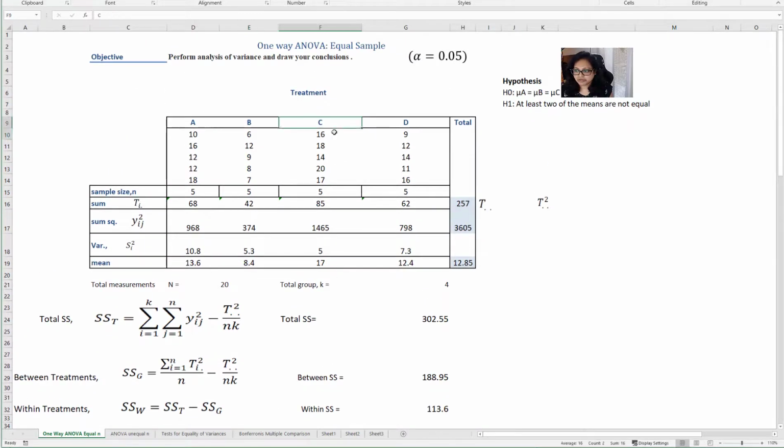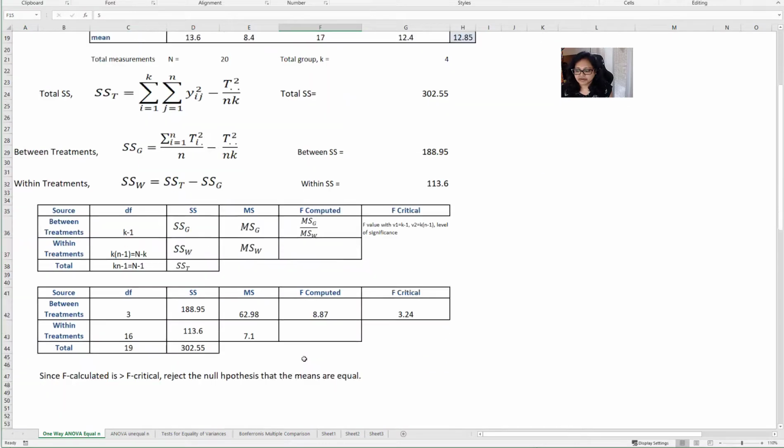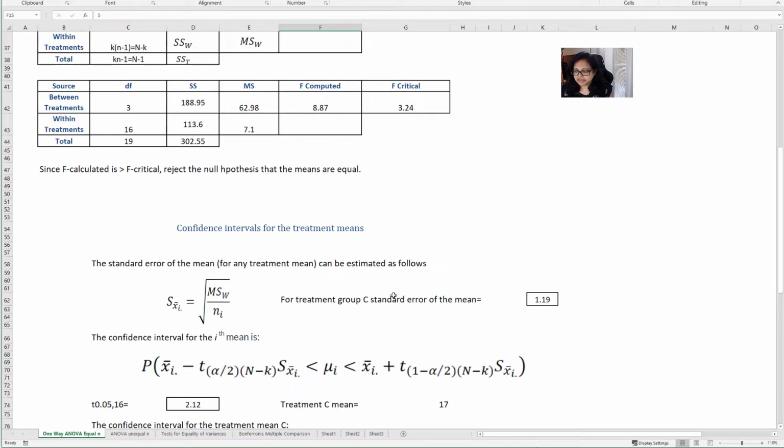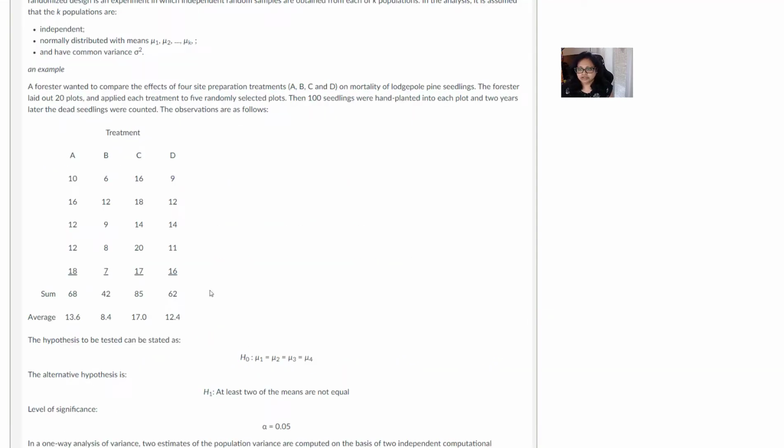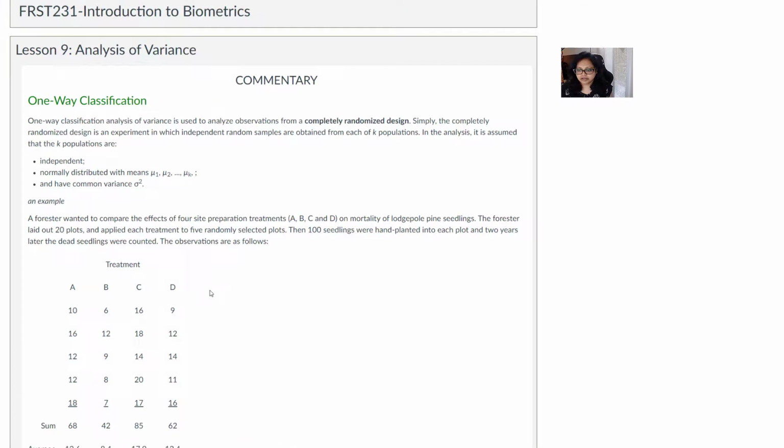We are talking about treatment group C, so you have to use the sample size 5. So I took the mean squared error 7.1 divided by 5 and took the square root. That's a similar thing you will see in our ANOVA analysis.